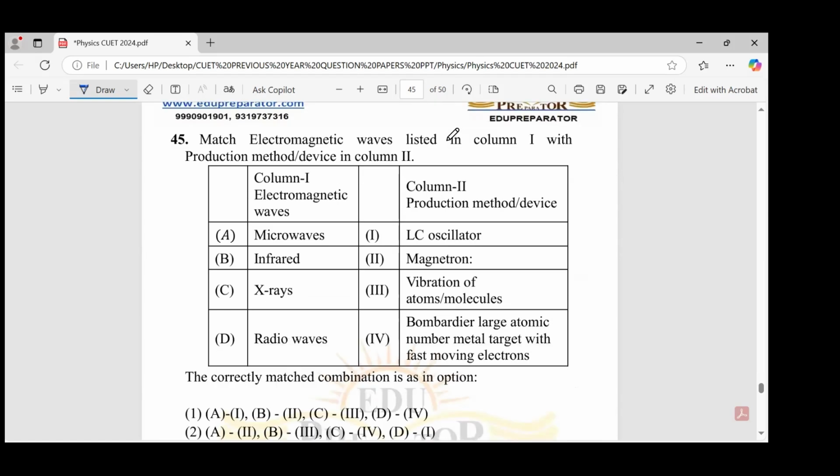Now this question is again based on the same table of electromagnetic waves. We know microwaves are produced in a magnetron valve. So this is for microwaves.